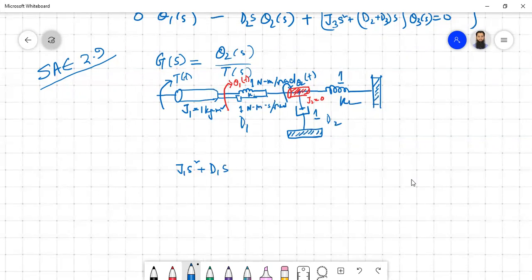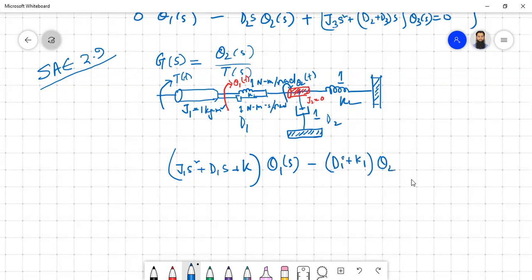Okay, so D1 s plus K1, then you have theta 1(s), then the common term in between them is D1 s plus K1, theta 2(s), equal to the applied torque.